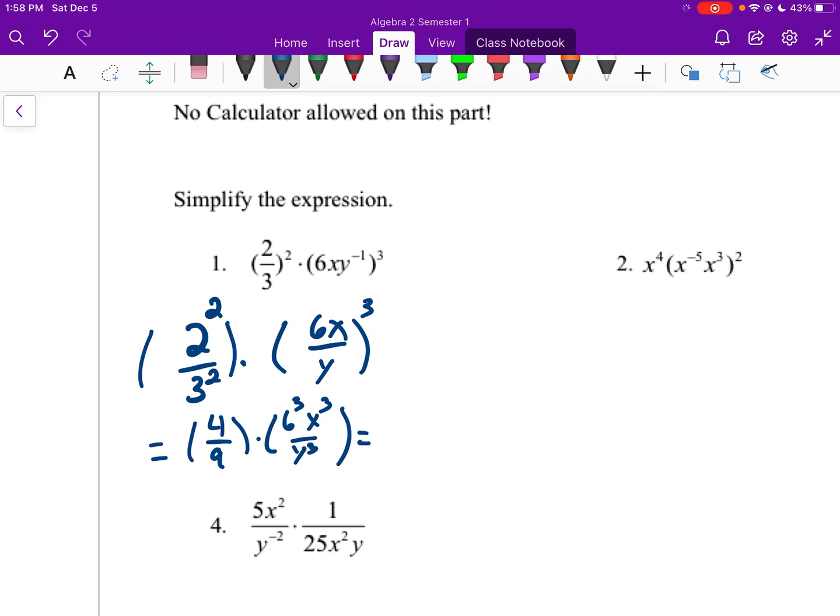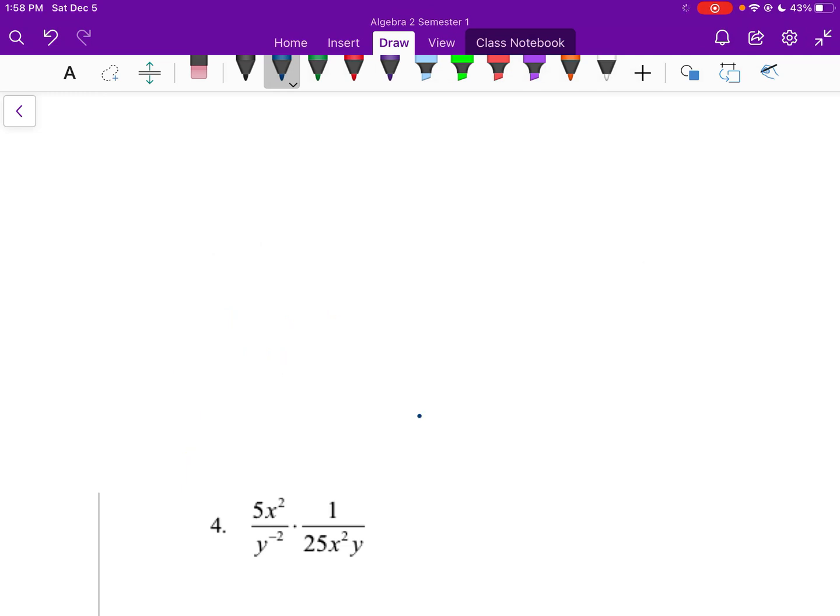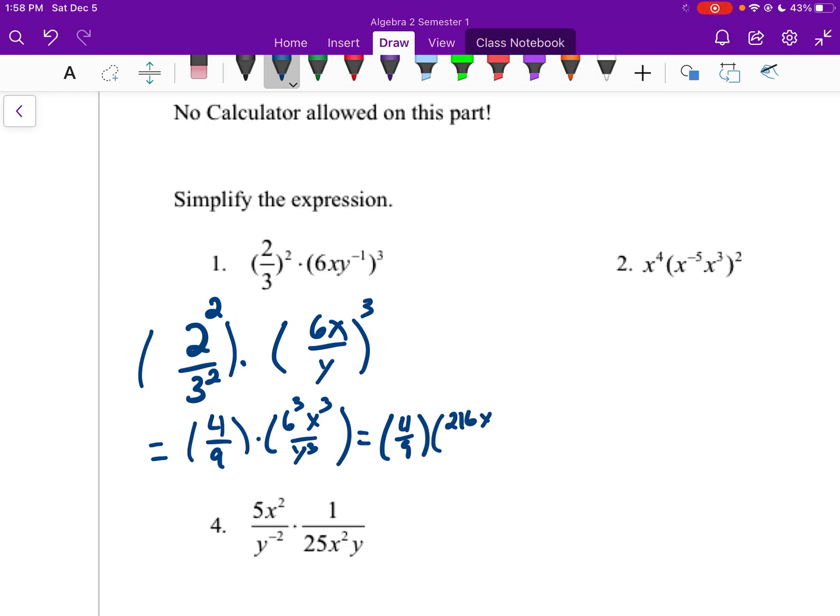And then from there, I'm going to keep going, multiplying again. So from there, we have 4/9, and simplifying that 6 cubed, we're going to get 216 x cubed y cubed. But then again, multiplying straight through, we're multiplying two fractions, so top times top, bottom times bottom.